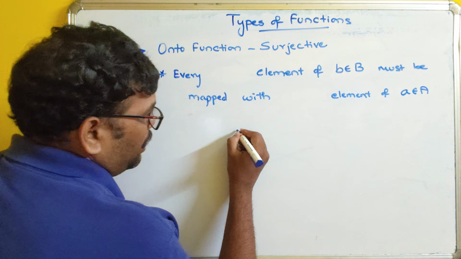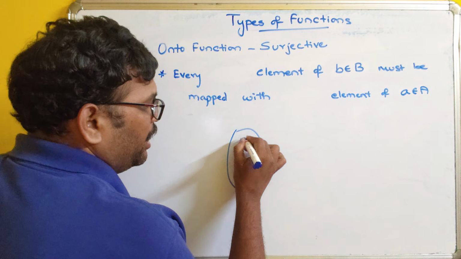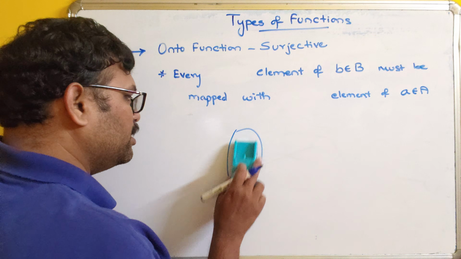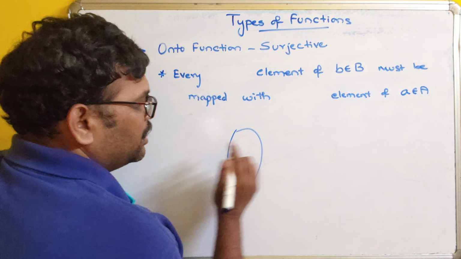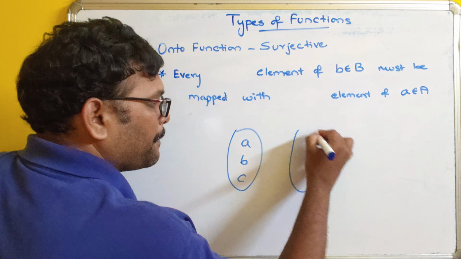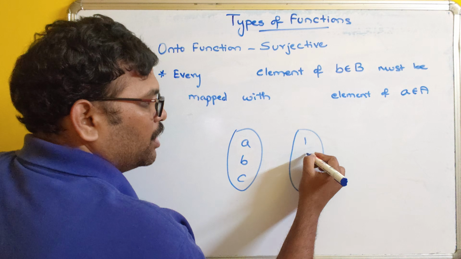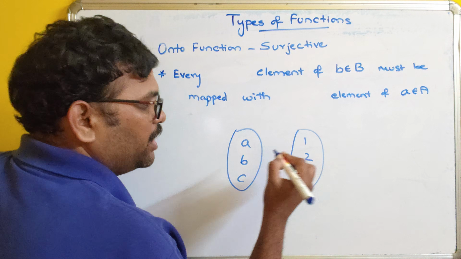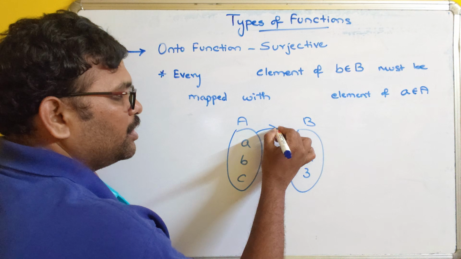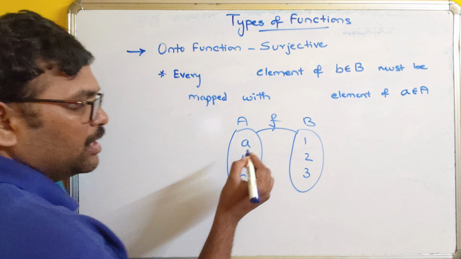For example, let us take the same example, a, b and c, with small letters, and 1, 2, 3. A and B have a function f, which is onto.